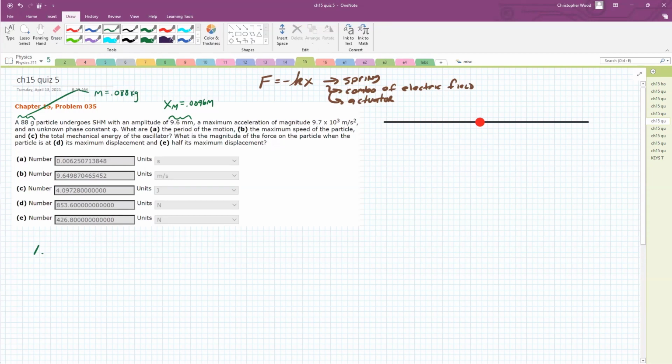For the first time, we have maximum acceleration. This number right here is the acceleration amplitude. I don't know what the phase constant is. So part A, what's the period of motion? For part A, they're saying find out how much time it takes to complete one cycle.